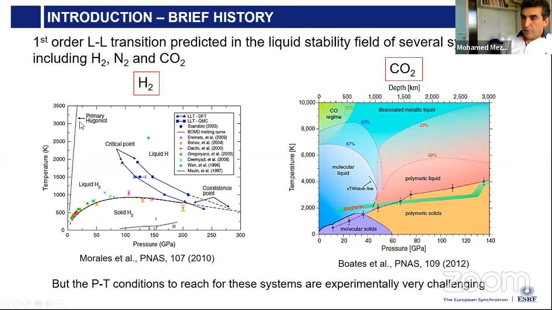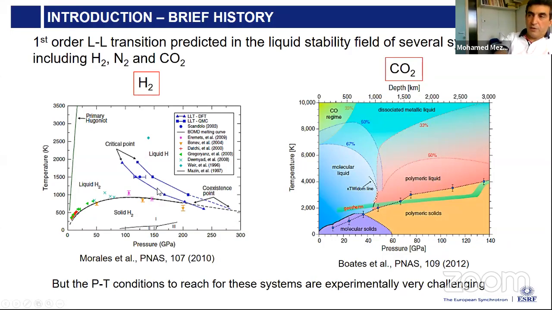If you look, for example, at the phase diagram of hydrogen, now I'm in the liquid state, there is a prediction of a transformation from liquid molecular H2 to atomic liquid here, with the presence of critical points here. But unfortunately these systems are extremely challenging. It's not only because you have to generate both pressure and temperature, and maintain hydrogen in these conditions without it reacting with the confinement material and so on.